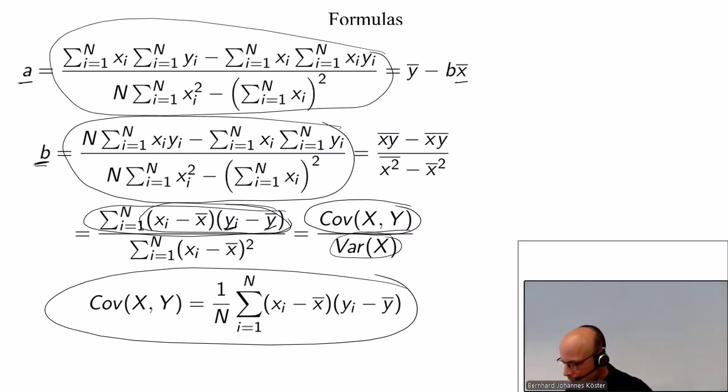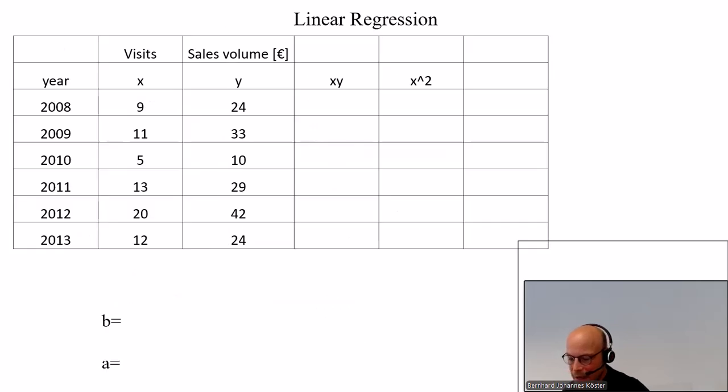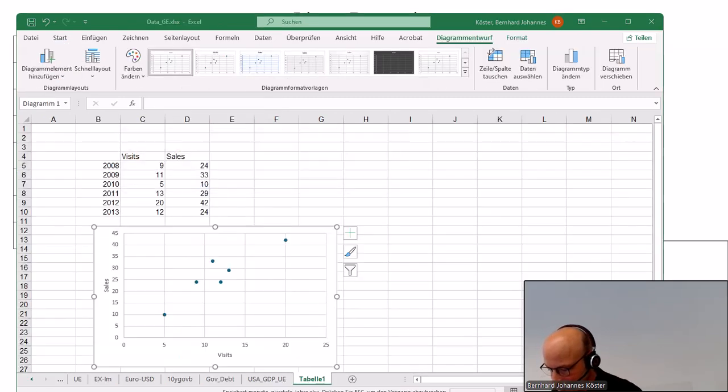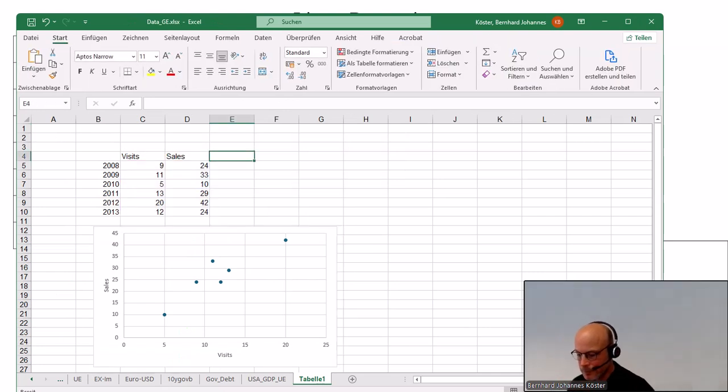So if we have our data, we can just add these numbers up, then calculate the product and x squared, and sum these up as well. Okay, let's do this. So this was x and this was y.